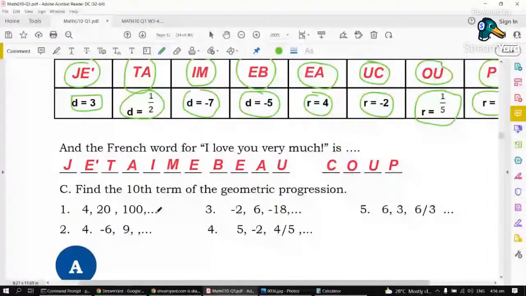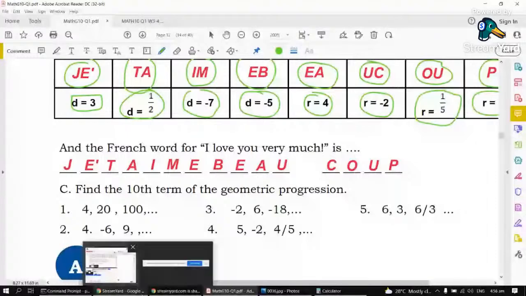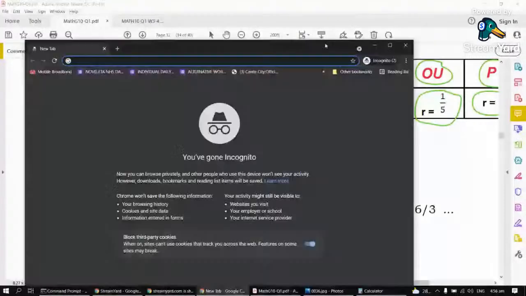Ito yung French word for I love you very much. So, paano pinopronounce yan? So, ang ginawa ko is, tinripe ko translate.